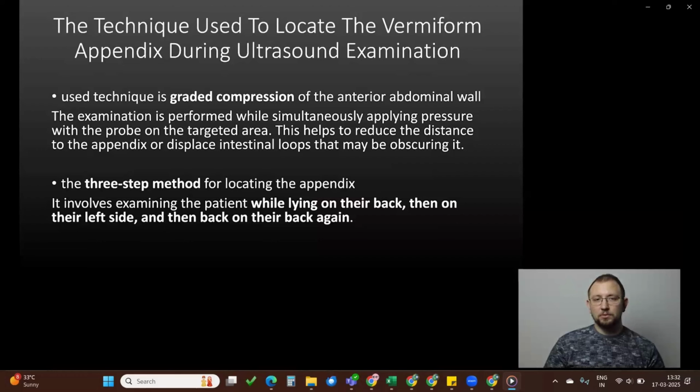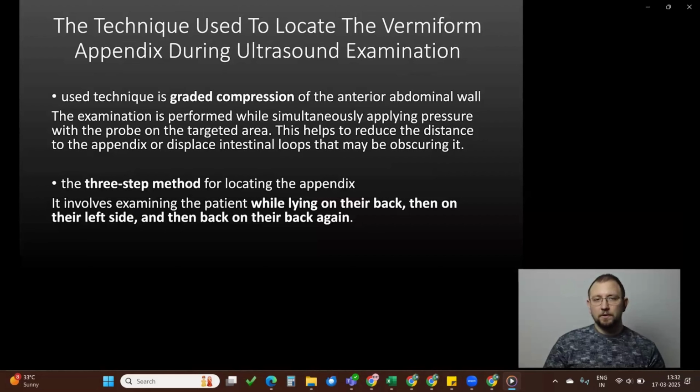This helps to reduce the distance to the appendix or displace intestinal loops that may obscure it. Graded compression is very important and we always use it.